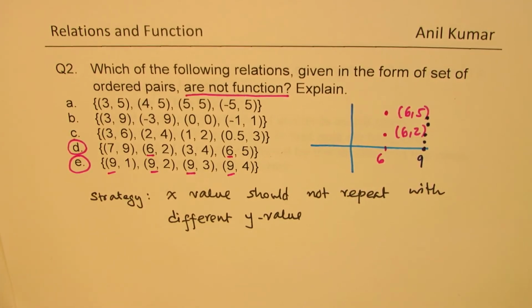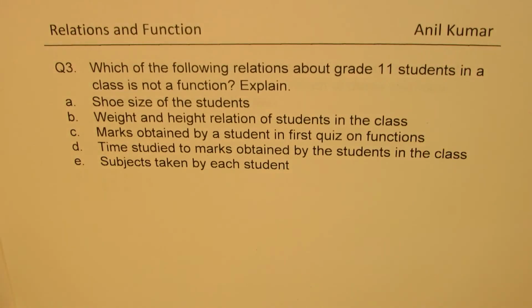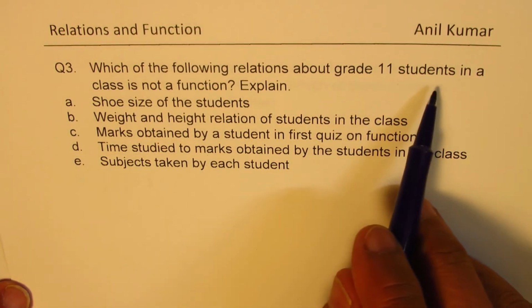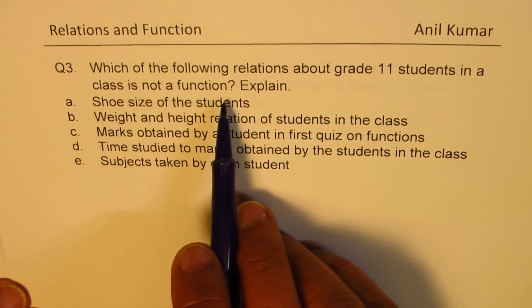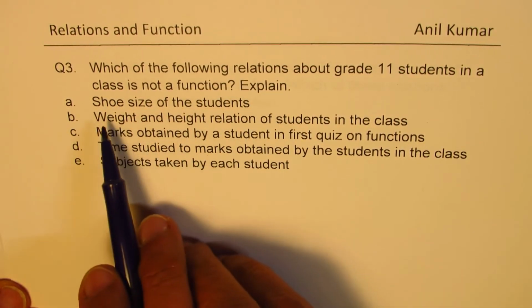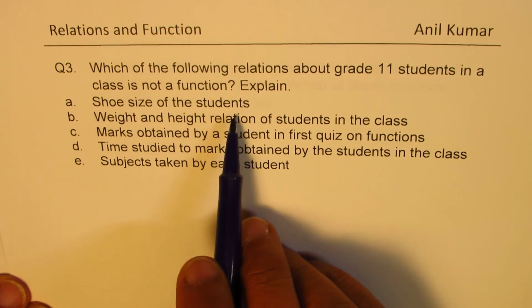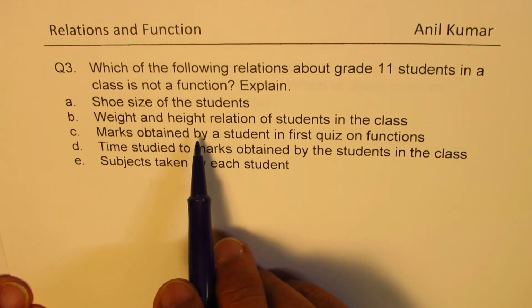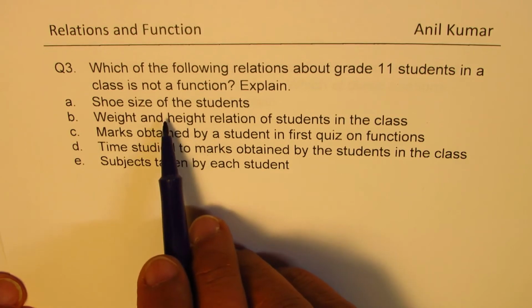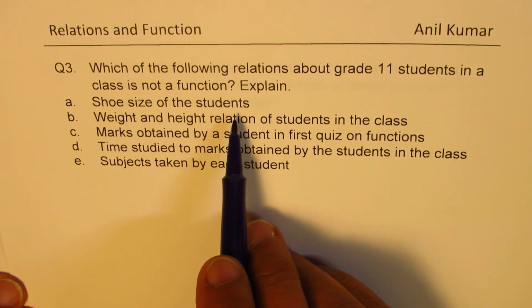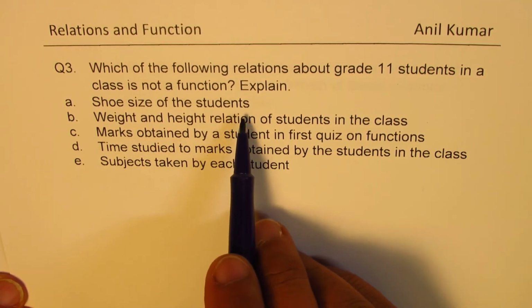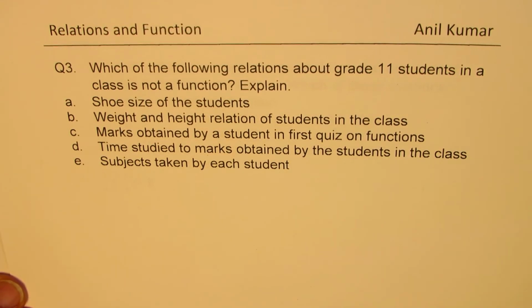Right? Okay. Question number 3. Which of the following relations about grade 11 students in a class is not a function? Explain. Shoe size of these students. Now, when we talk about any individual student, every student will have a different shoe size, right?